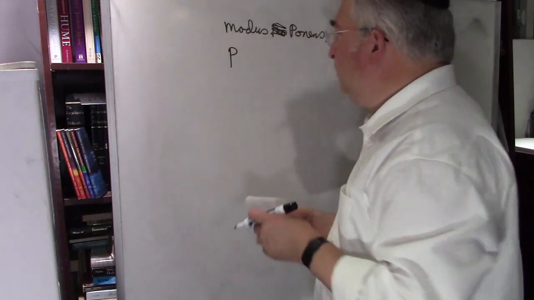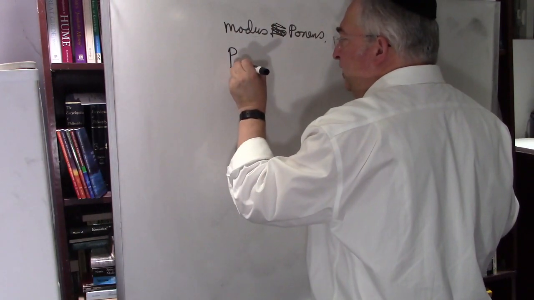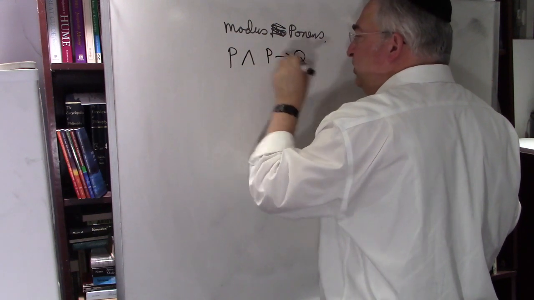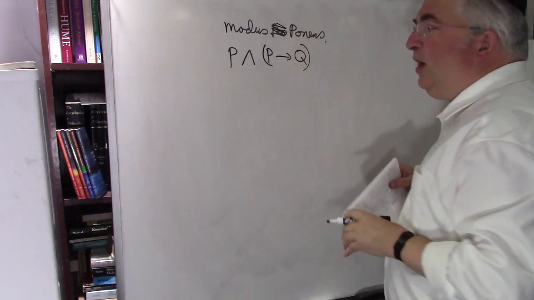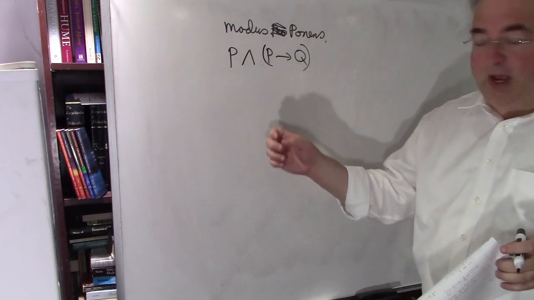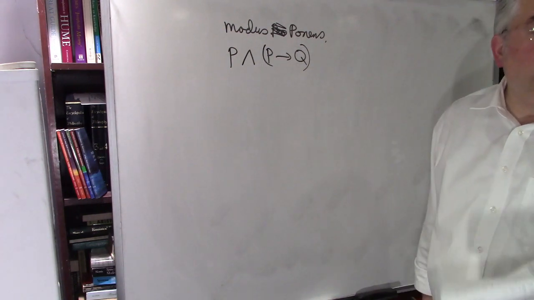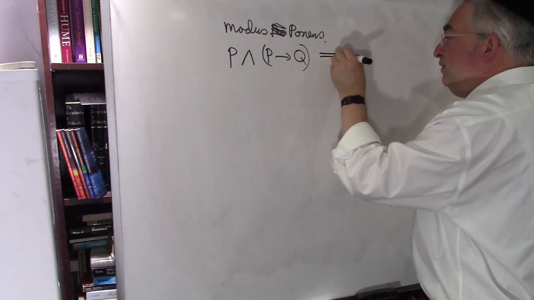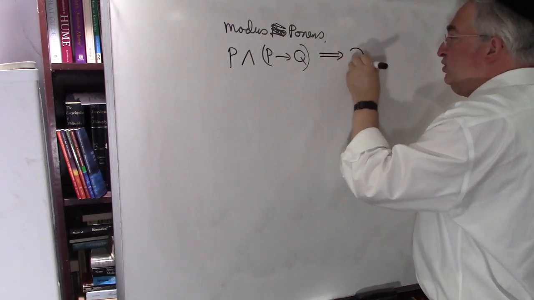Modus means the way, ponens means pushing. It goes as follows. If P is true and P implies Q is true, what do you know? You know that Q is true.